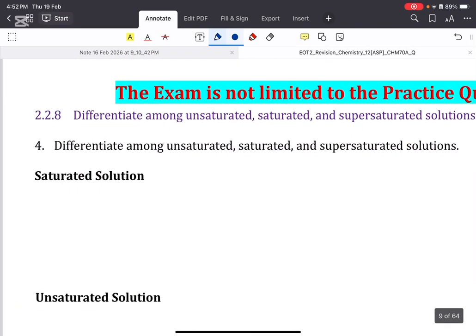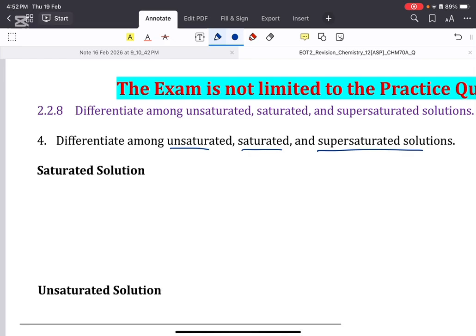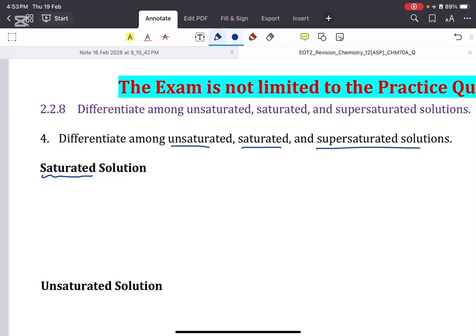Differentiate among unsaturated, saturated, and supersaturated solutions. So the saturated solution, it means that the solution is full. It cannot take any more solute to dissolve it. And when we have a saturated solution, it is in equilibrium, dynamic equilibrium with the solid.